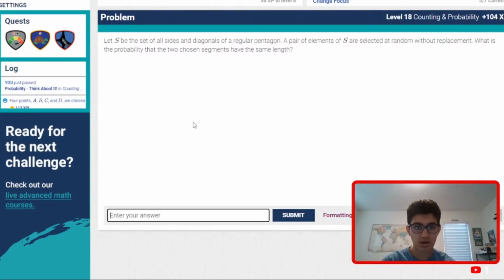Let S be the set of all sides and diagonals of a regular pentagon. A pair of elements of S are selected at random without replacement. What is the probability that the two chosen segments have the same length?